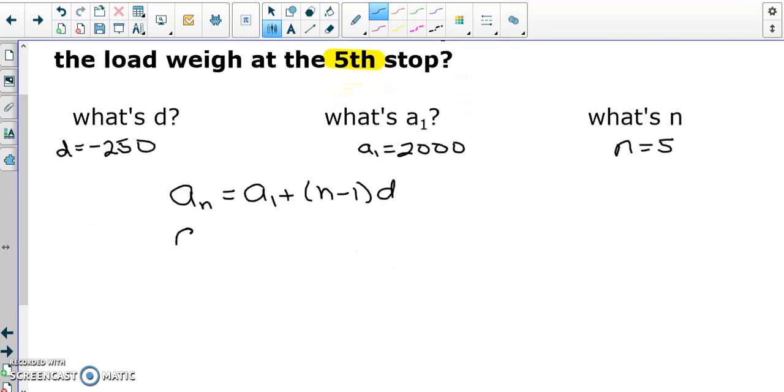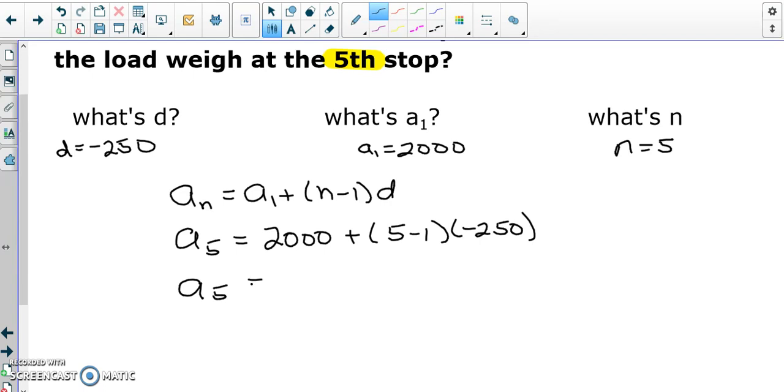A sub 5, A sub 1 is 2,000 plus 5 minus 1 times negative 250. So A sub 5 is 2,000 plus 4 times negative 250.